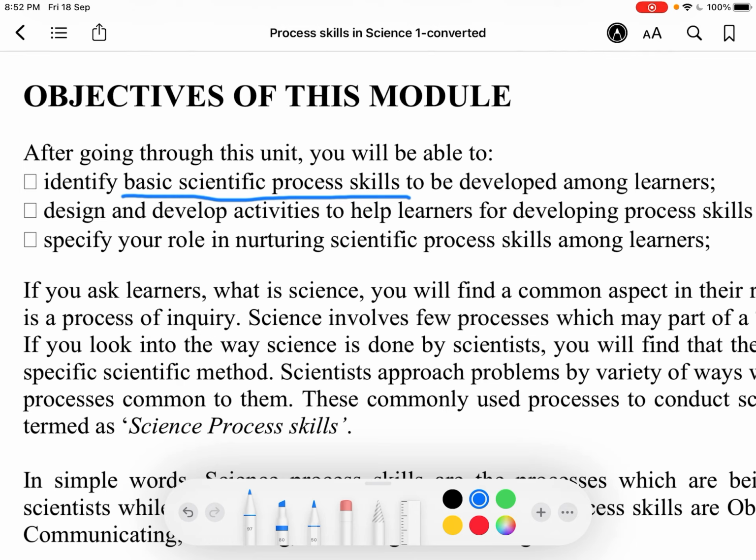And you will also be able to design and develop activities to help learners develop process skills. I mean, what type of activities are to be conducted so that the learners will develop the different types of process skill. And thirdly, this module will also help you to specify your role as a science teacher in nurturing the scientific process skills among the learners. So these three aspects we are going to deal with in this lesson.